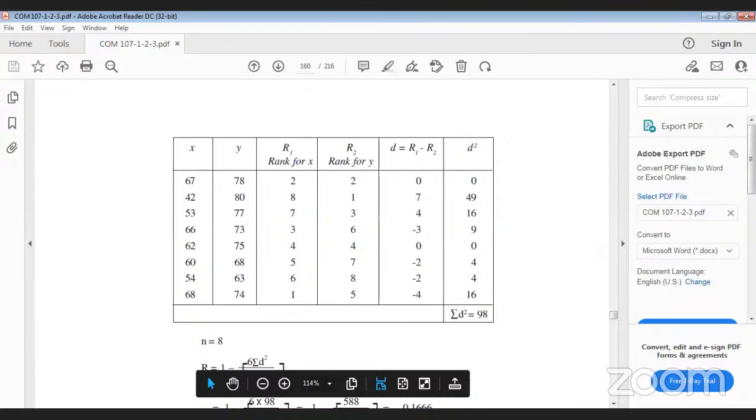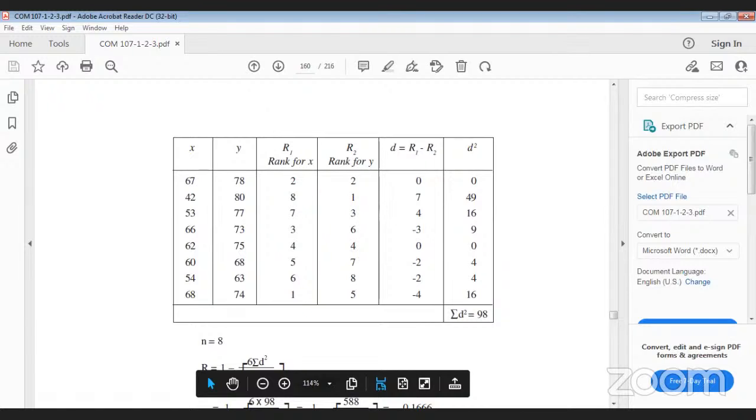Then 50, 54. Seventh rank. Ranks are 8, 7, 3, 4, 5, 1.